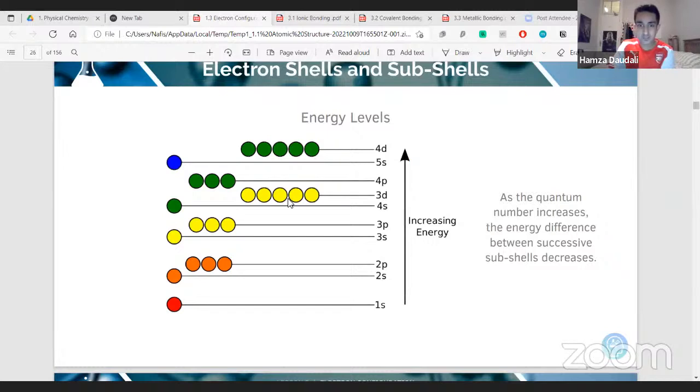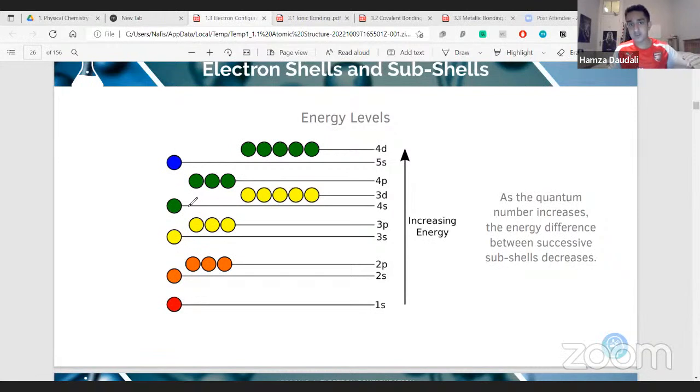Now, there is an exception to the general rule of having to fill the 3 shell before the 4 shell. 4s and 3d are on the same level. But what happens is the 4s subshell fills up first.